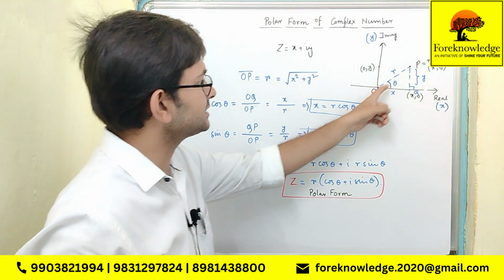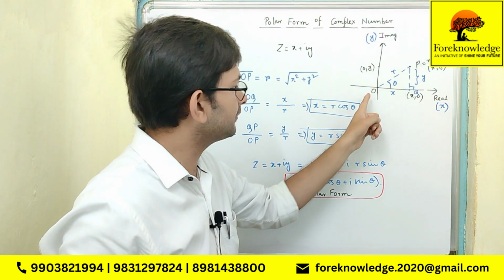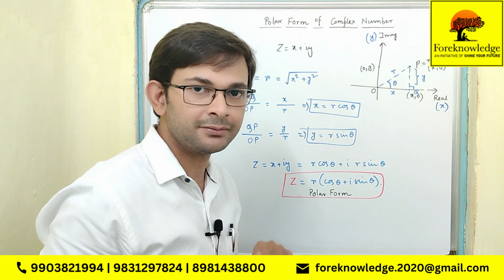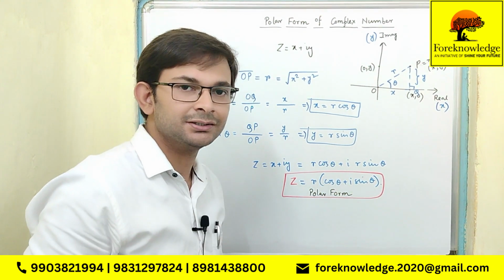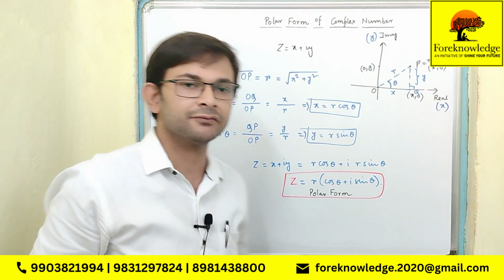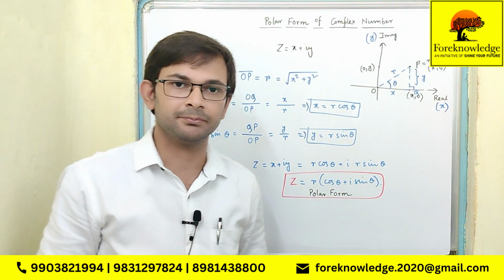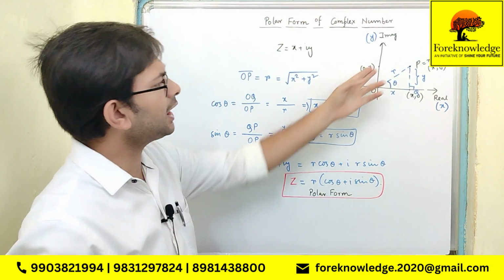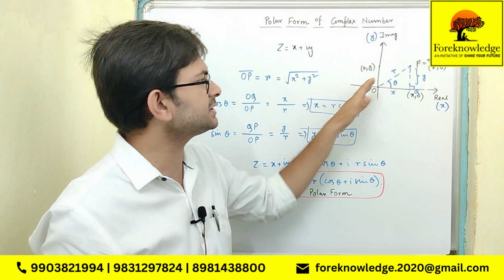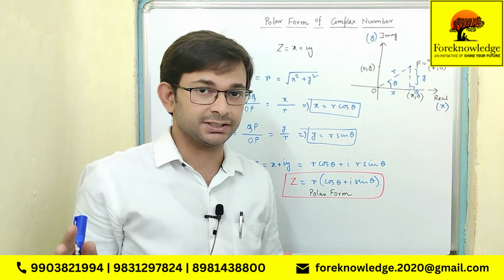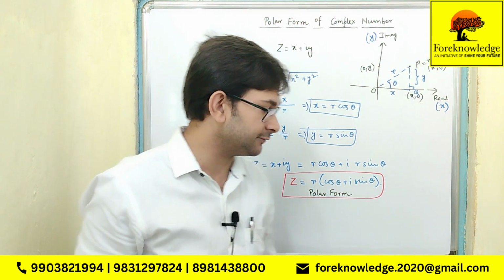Modulus means the distance of the point from the origin in the argand plane, and theta is called the argument of the complex number. Now, r is always positive because it is representing a distance.